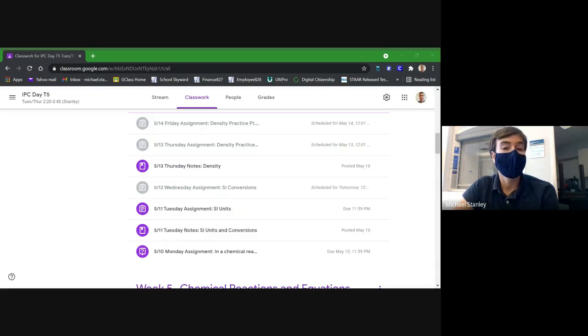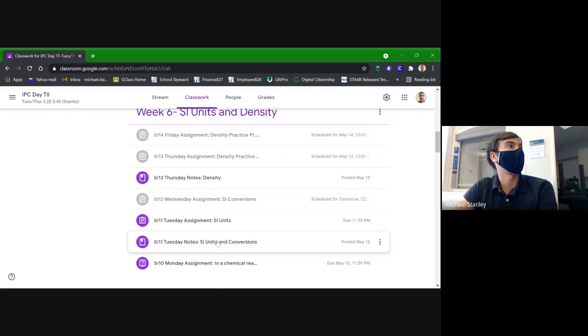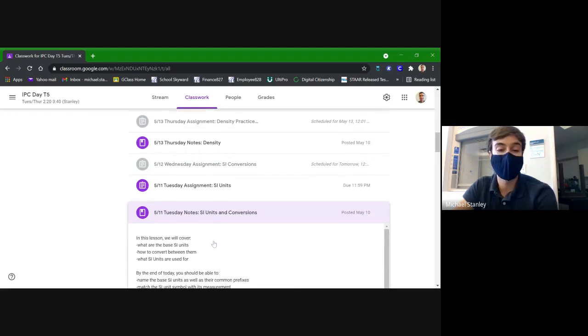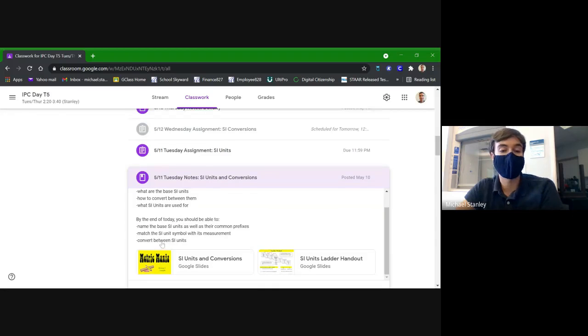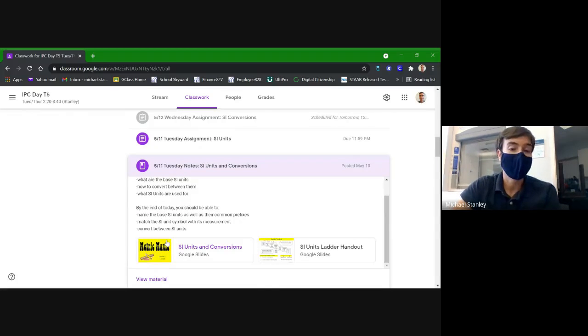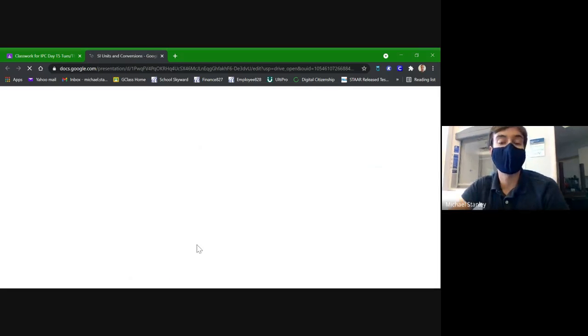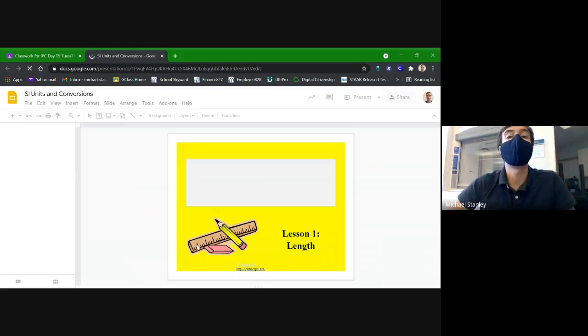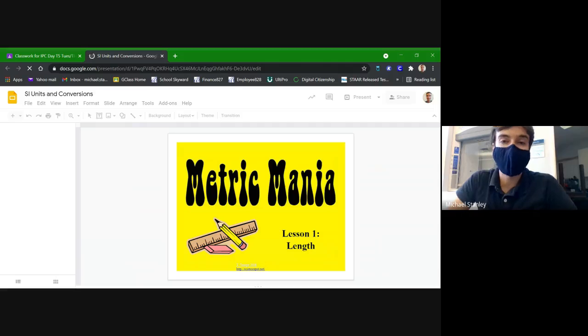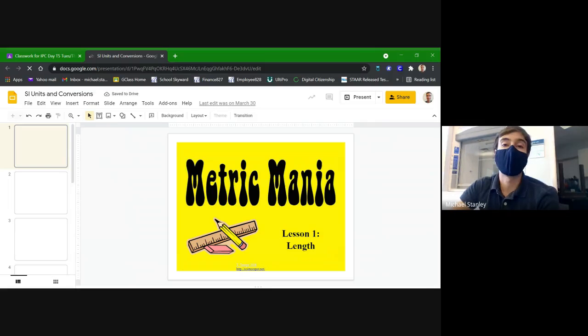So this week, we're going to be talking about different units of measurements that scientists use in order to measure the world around us. The reason why I like to go through these is that they are a little bit different than the normal ones that you use and see every day.